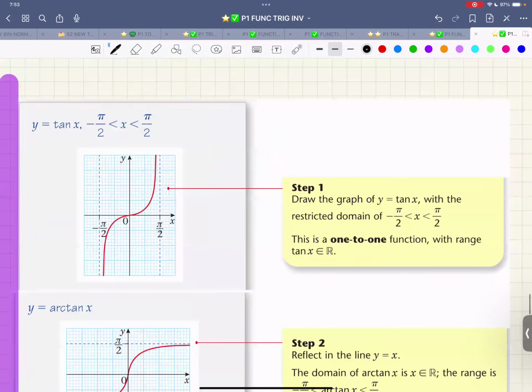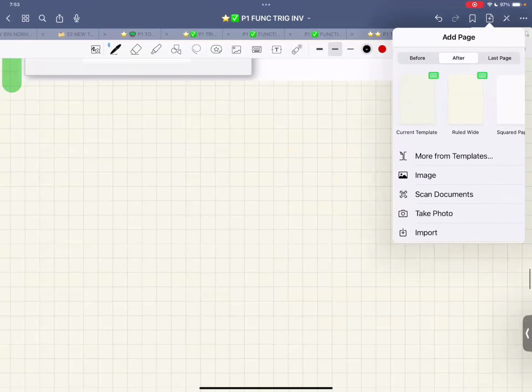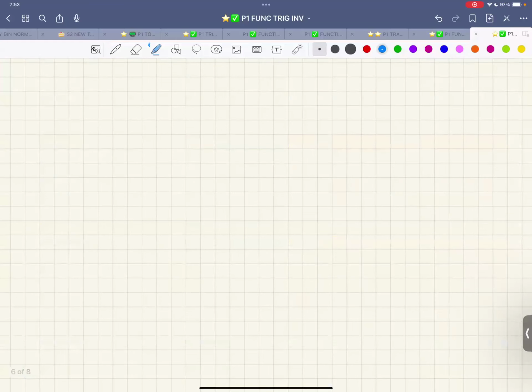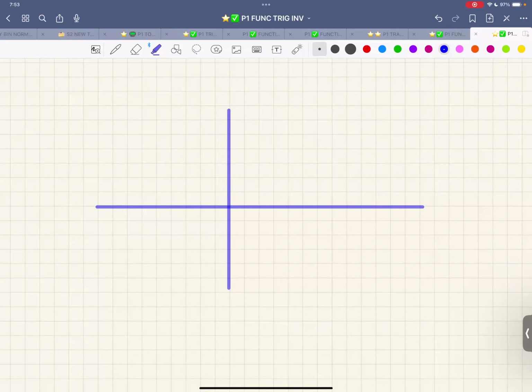Similarly, when we talk about tangent x, let me draw the graph of tangent. So let me pick this grid over here. Now for tangent, let me draw two asymptotes. So 1, 2, 3, 4. Let me pick a green color.